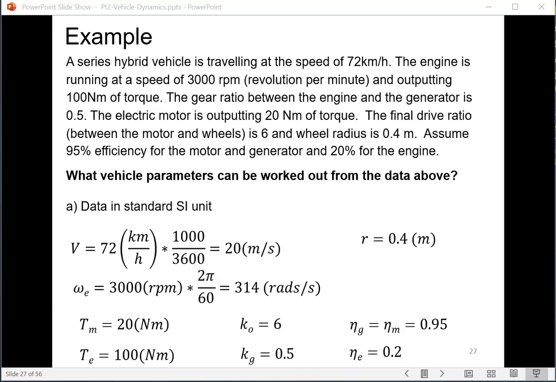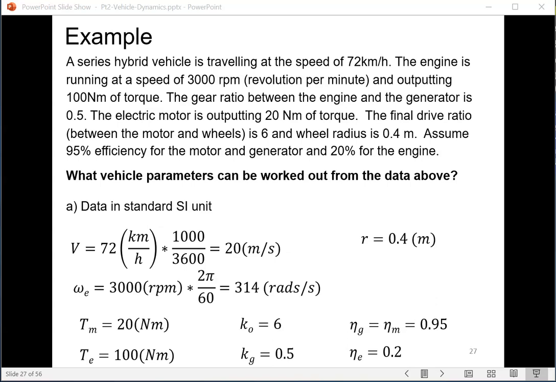In the previous lecture, we went through the relationships between different parts of a drivetrain for series hybrid vehicles, from the engine through a gearbox to the generator to the battery to the electrical motor, then from the electrical motor through another gearbox to the wheels, and then from the wheels to the vehicle speed.